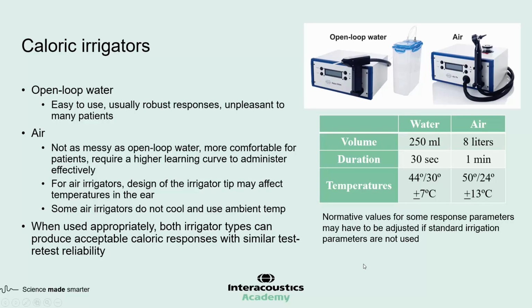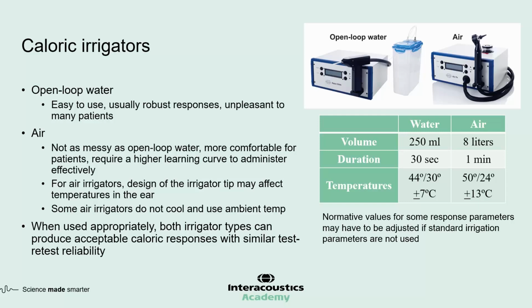The standard parameters for water and air irrigators are given in this table as far as the volume, duration, and temperatures are concerned. You notice that the temperature differences for warm and cool irrigations are higher for air irrigators compared to water irrigators. That's because the air has a lower capacity to retain heat, and that's why these numbers are larger for air.